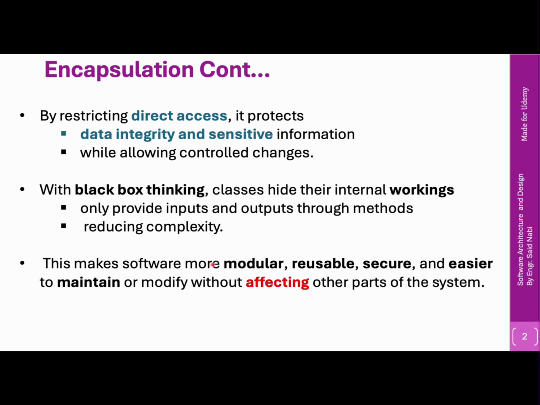This makes software more modular, reusable, secure, and easier to maintain or modify without affecting other parts of the system. So encapsulation protects important data, hides complexity using black box thinking, and makes software easier to modify, reuse, and secure without affecting other parts of the system.